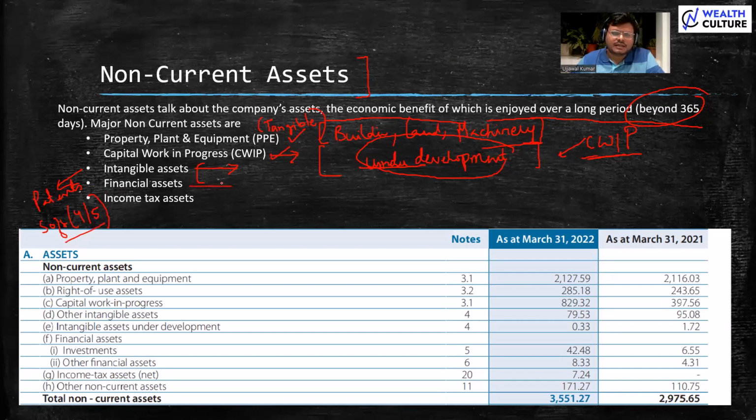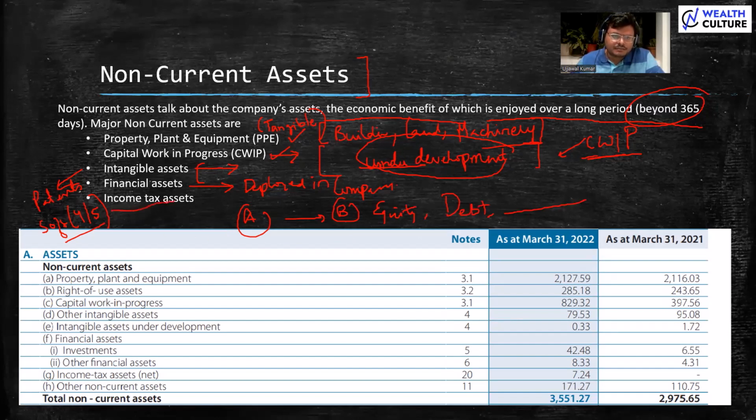Then you have financial assets. So financial assets can be that you deployed your money in some company. So let's say you are a company A and you bought some stake in other company B. So either this can be equity, or this can be debt, or this can be other financial assets.